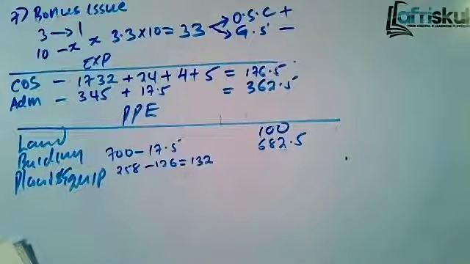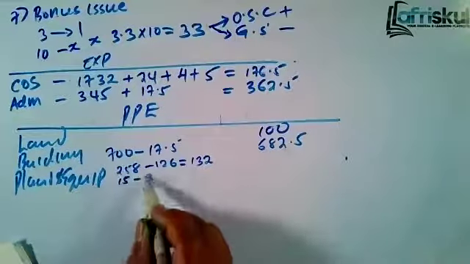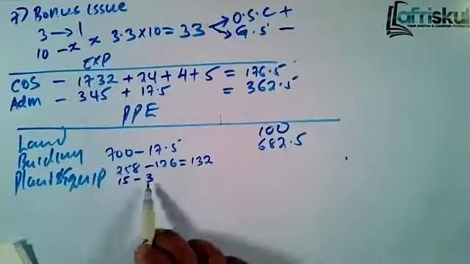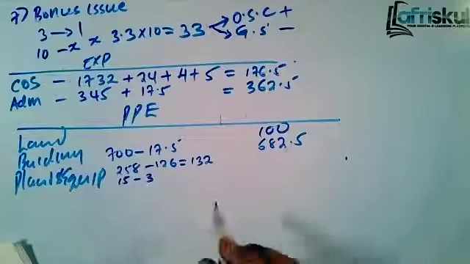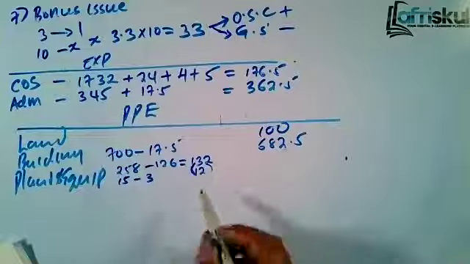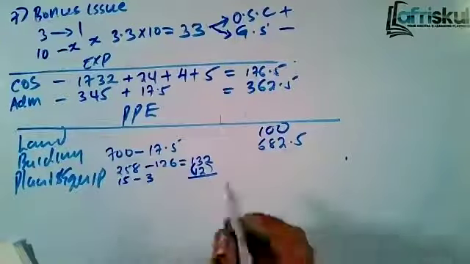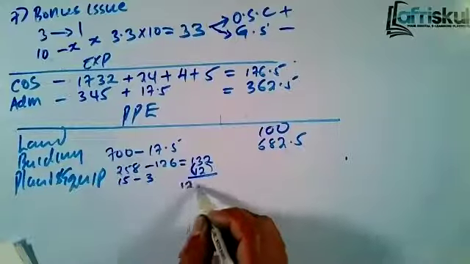Then we disposed an item. It had cost 15, but had already accumulated depreciation of 3. That means at the date of disposal, that's 12. So it's 132 minus 12. So the remaining plant and equipment is 120.